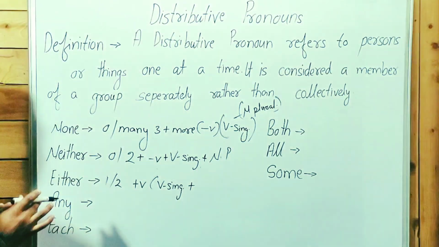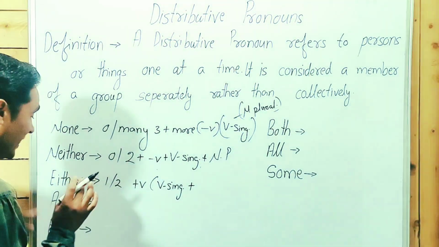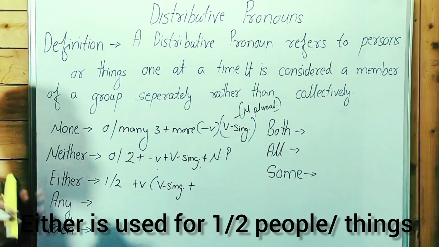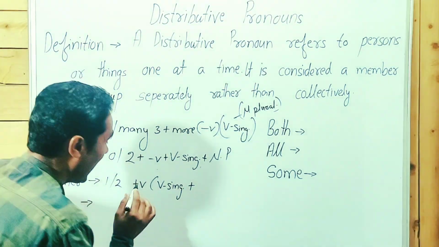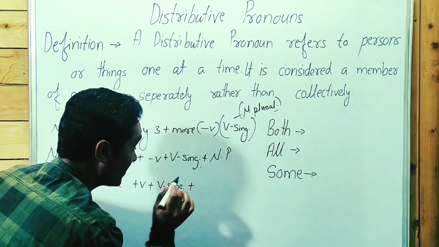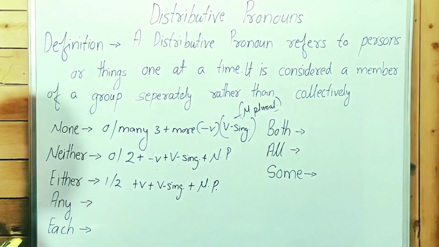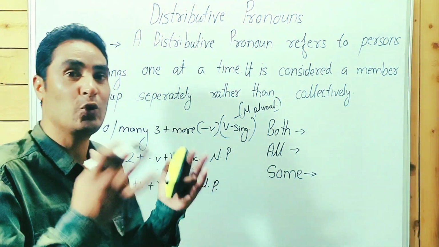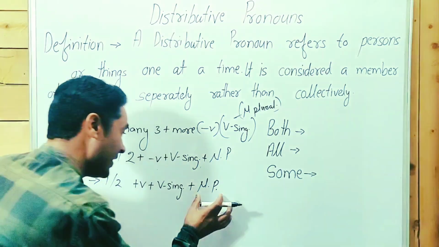I hope you can understand. Either is used for 1 out of 2, in the positive sense, with a singular verb and always a plural noun, because we are talking about two things, two persons. In this case the noun is always plural.